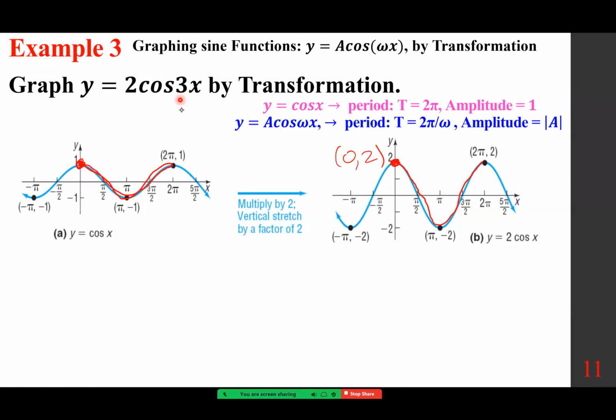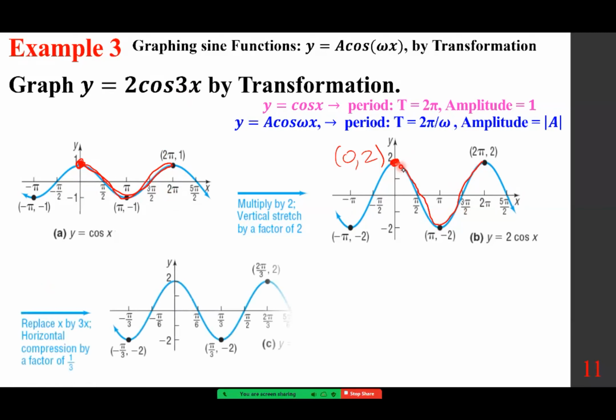So it shrinks by a factor of 3 along the x-axis. In essence, this 2 pi gets divided by 3. So this will go this way, okay? It shrinks. This thing shrinks along the x-axis. So replace the x by 3x, horizontal compression by a factor of 1/3.